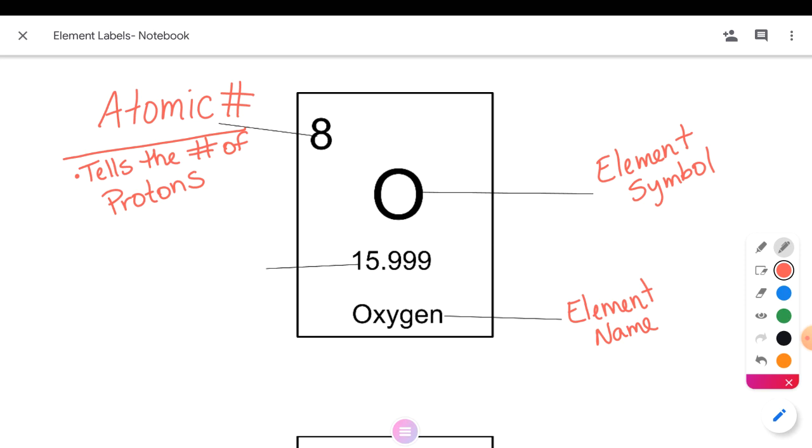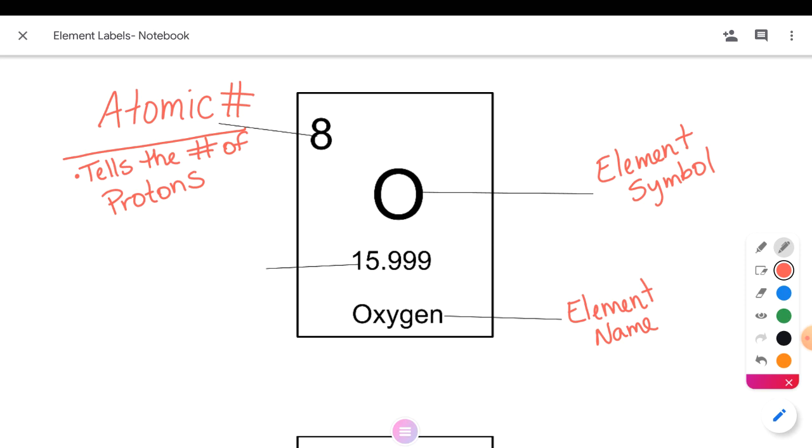So the symbols aren't always the first letter of the element. Okay. And it's because there could be more than one that start with the same letter. But I just wanted to point out that the symbol isn't always a shortened version of the name.